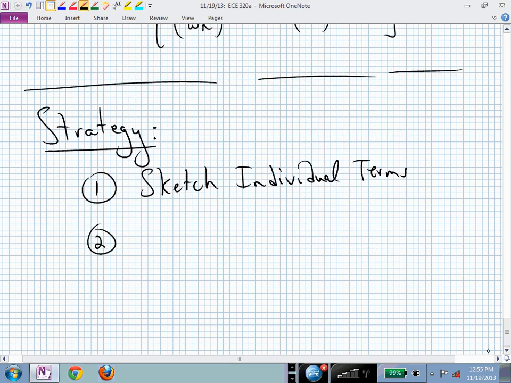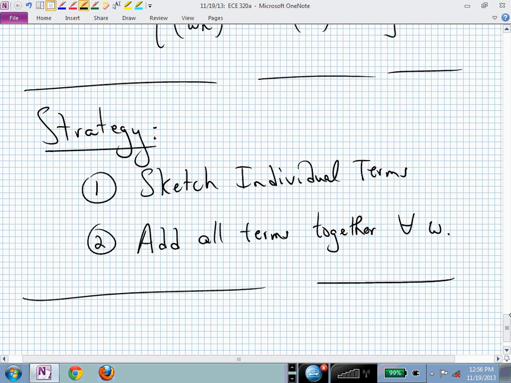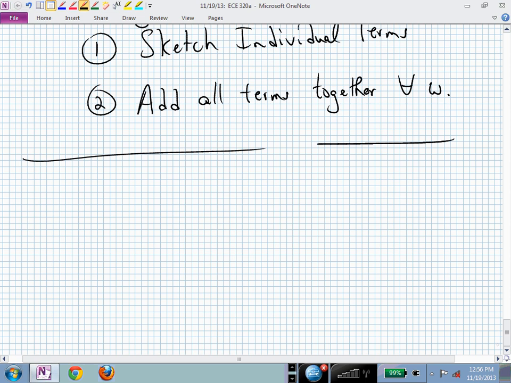And after we've sketched all of those individual pieces, we simply look at those sketches and we add them up, point by point, meaning omega by omega, frequency by frequency. So now we add all of these terms up for all frequencies. That's the strategy. Now let's look at sketching these individual terms.